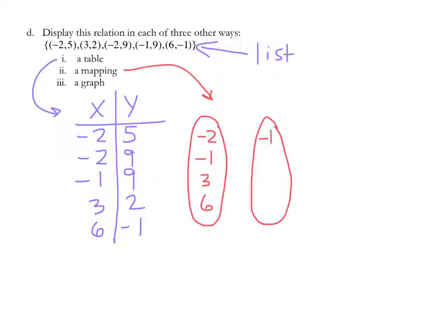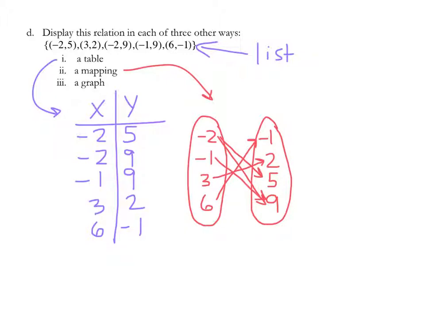So -1, 2, 5, and 9. 9 is used twice. -2 goes to 5, so I draw an arrow to 5. 3 goes to 2, so I draw an arrow to 2. -2 also goes to 9. That's going to be significant in a moment. 6 goes to -1, and -1 also goes to 9.